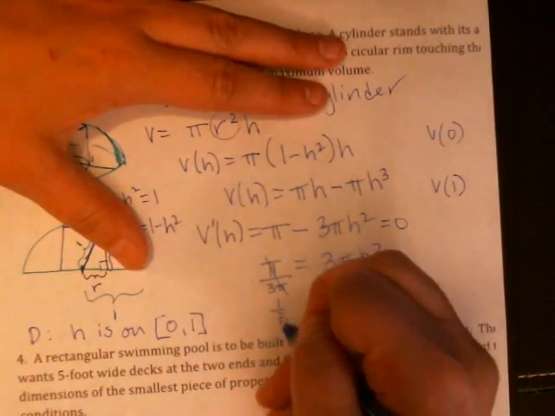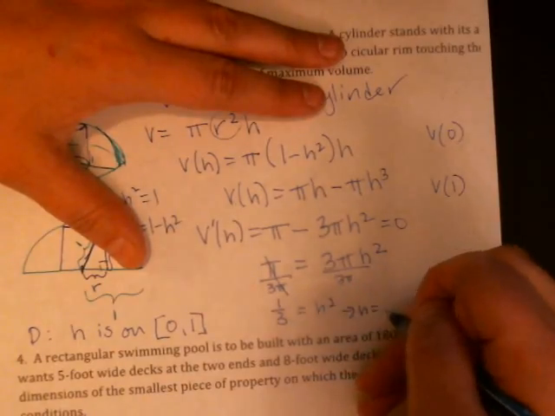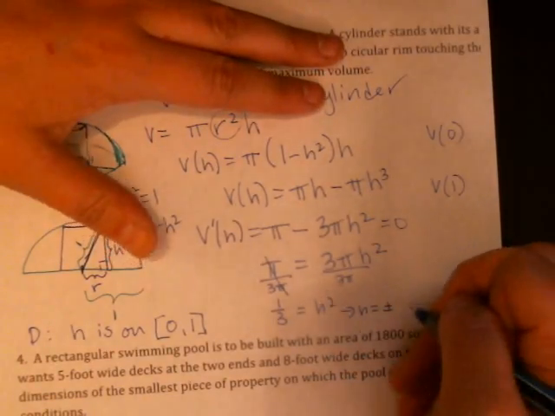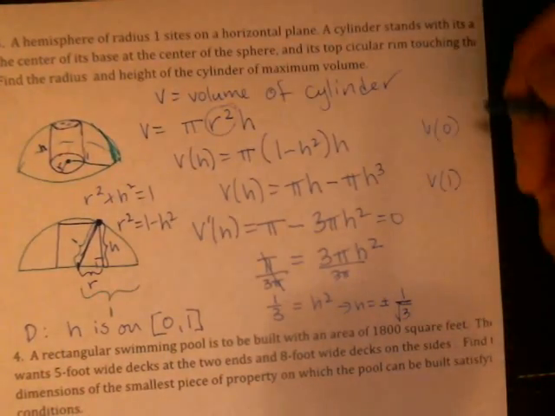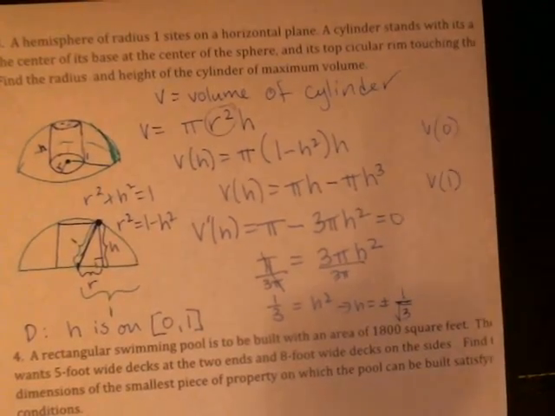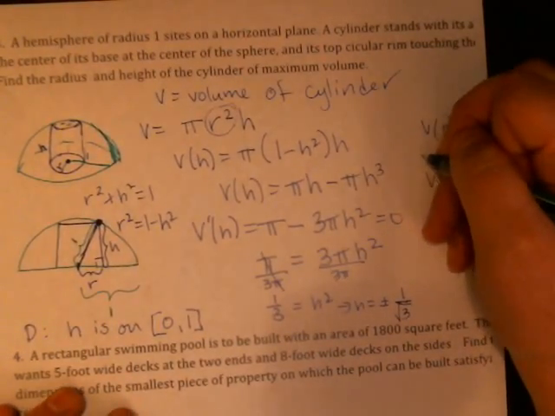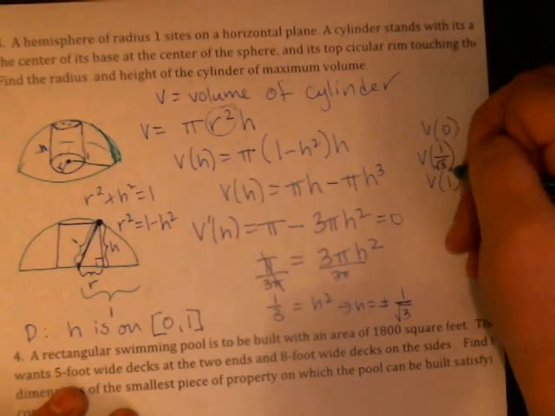You're left with 1/3. Make sure you don't lose track of that 1, which means that h is plus or minus the square root of 1/3, which is the same as 1 over the square root of 3. Square root of 1 is just 1. I'm not interested in the negative h value, so I actually just get to throw it away, and I really just need to check positive 1 over root 3.